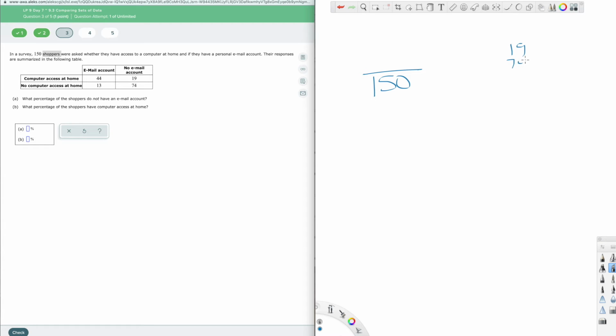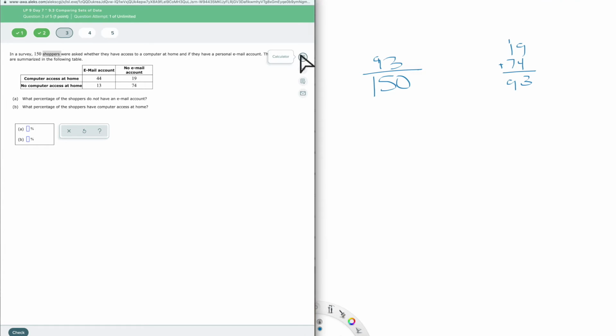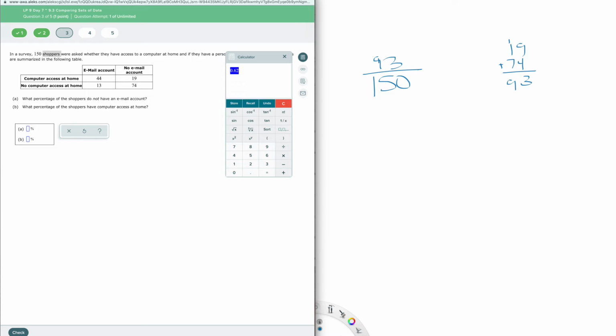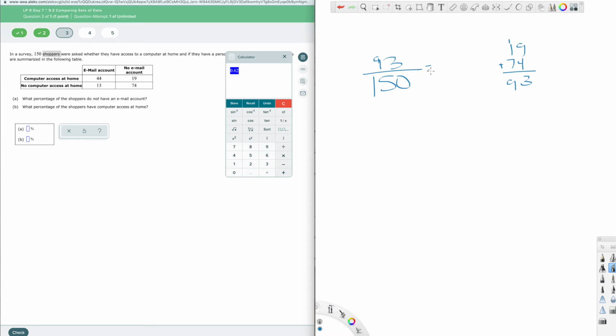So I'm going to add these two together, and I know it's kind of upside down, but addition is okay with that. So I have 13, 7, 8, 9. So 93 out of the 150. We do need to go over to our calculator here. 93 divided by 150. So this tells us that it's 0.62.